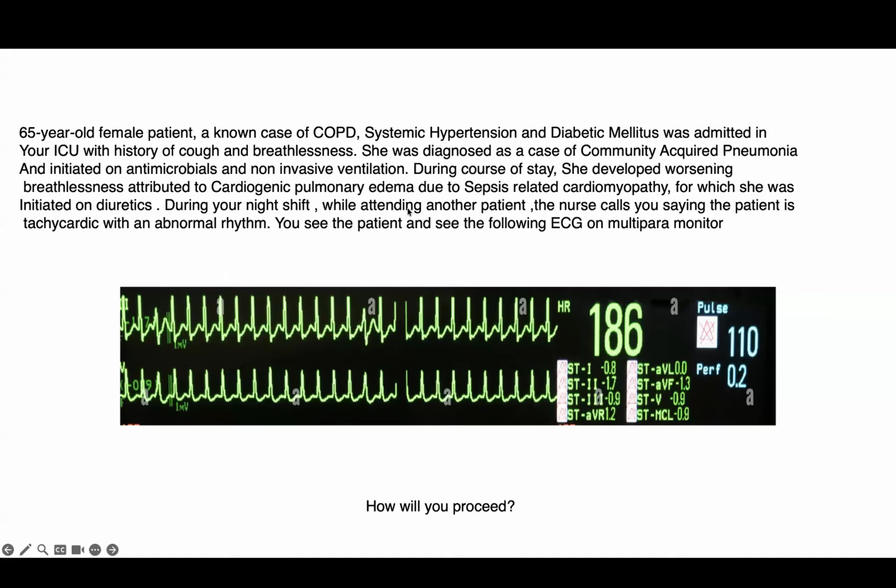During a night shift, while you are attending another patient, the nurse calls you saying that the patient is tachycardic with an abnormal rhythm. You see the patient and see the following ECG on a multipara monitor. So, how will you proceed? If at all one volunteer can tell me how to proceed, then we can go on with the further discussion. Anyone can volunteer.